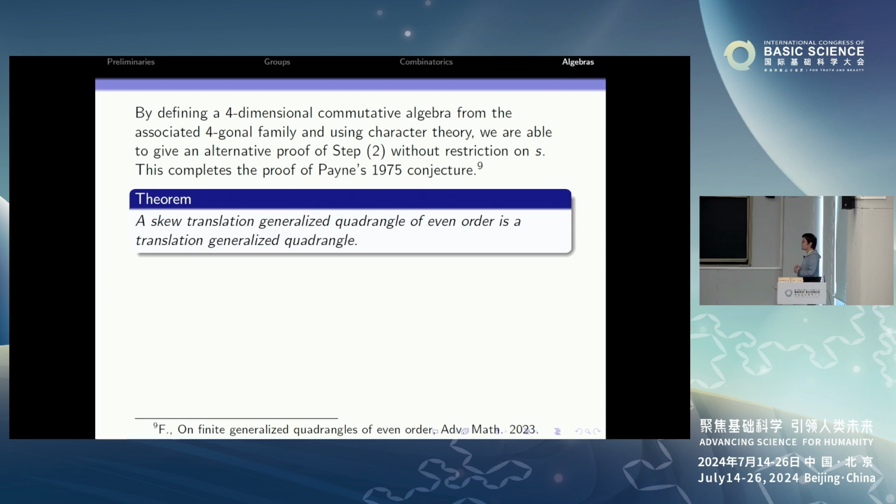So it works for all powers of 2. This is done by defining a 4-dimensional commutative algebra from the associated orthogonal family and using character theory. So this completes the proof of Payne's 1975 conjecture.